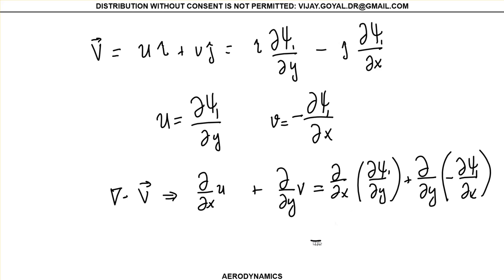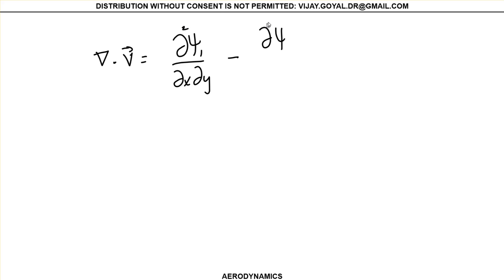And you can see that this is actually going to give you, let me go to the next page, partial of psi 1 with respect to x and y minus partial with respect to y and x, and that actually gives us 0. So this actually shows that this is an incompressible flow, right?